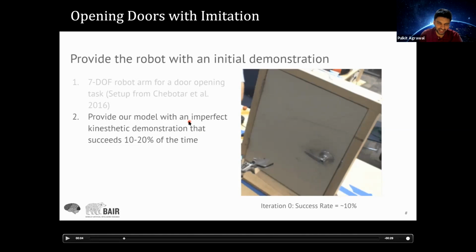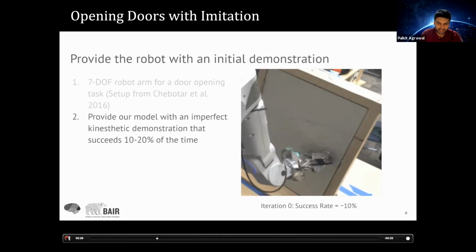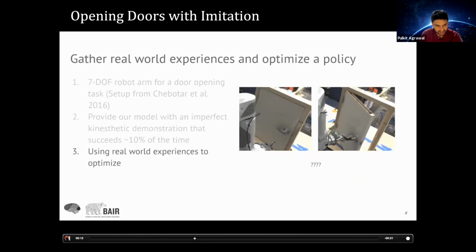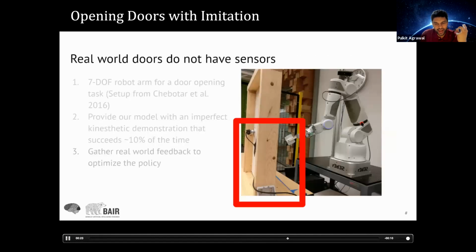And that is the term for those kind of demonstrations. And now the hope is that given somewhat poor kinesthetic demonstrations, can we then leverage them and do some trial and error in the real world to do well on the task?